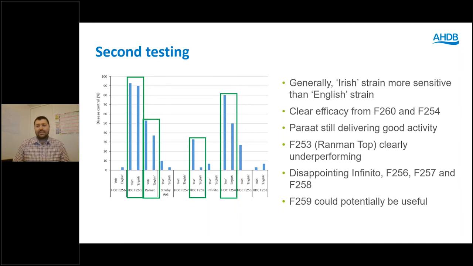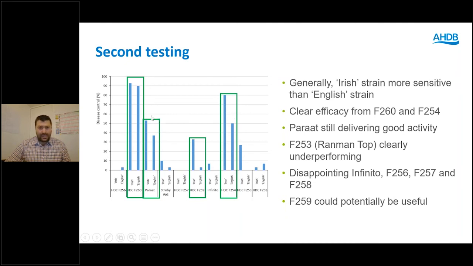Initially, obviously, we discovered that the Irish strain was more sensitive than the English one, which meant that the Irish growers could potentially control it slightly easier, perhaps. There was a clear efficacy from HDC F260, which is this column here on the left, and then the other coded products, HDC F254 here on the right.